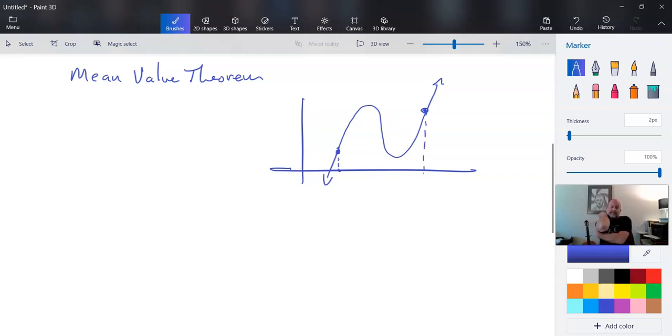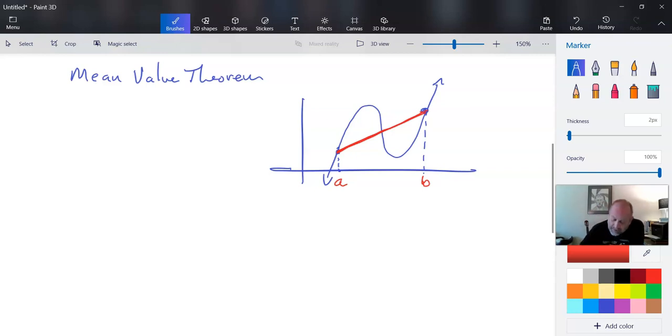What it basically says is that if you compute the slope between the endpoints, and I'll call them A and B for convenience, that is your average rate of change between those two points. We did this earlier in the semester when we talked about average and instantaneous rates of change.